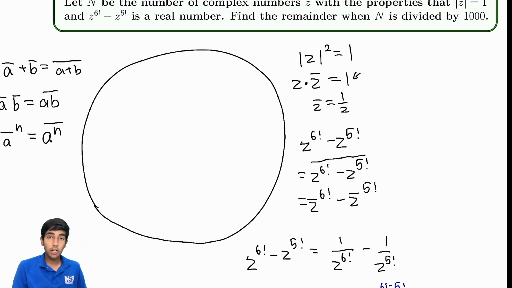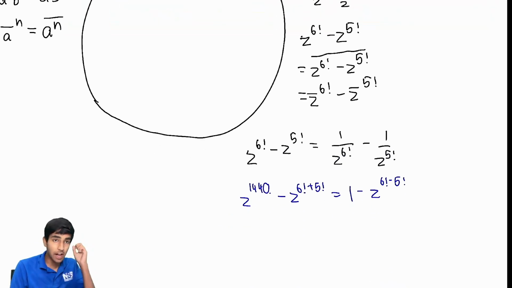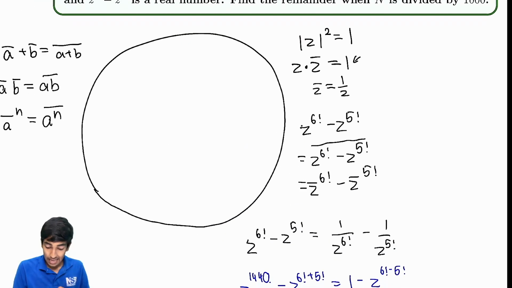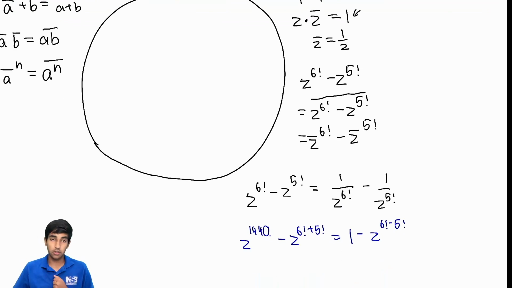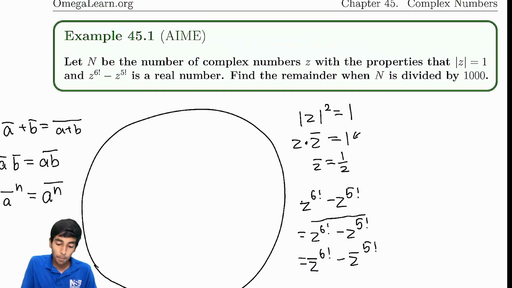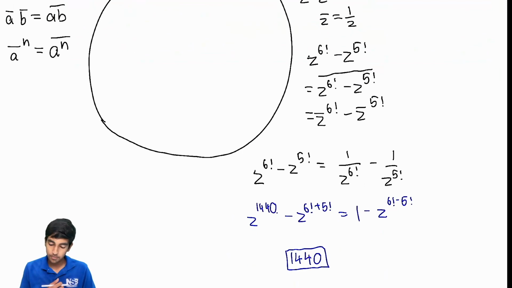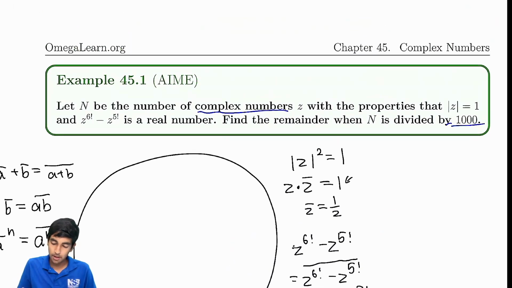But you know, fundamental theorem of algebra, if you have a polynomial, counting multiplicity, there's going to be 1440 solutions. 1440 solutions because of the fundamental theorem of algebra, right? It's complex number solutions. So that is our answer for this problem, but of course, remainder when divided by 1,000.